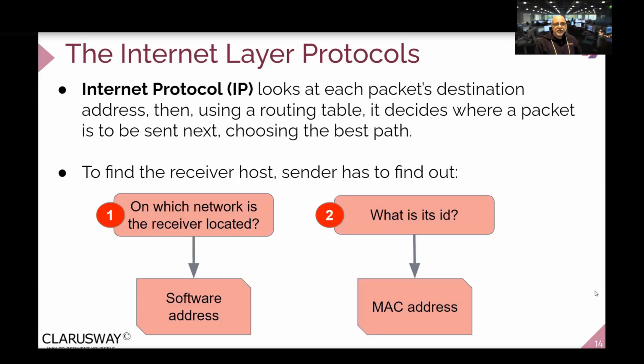All right, so what is the Internet Protocol? The Internet Protocol is really the main protocol used to send information from one device on one network to another device on another network. How does it do that? There's a couple of things involved. The first thing is to be able to create a packet.